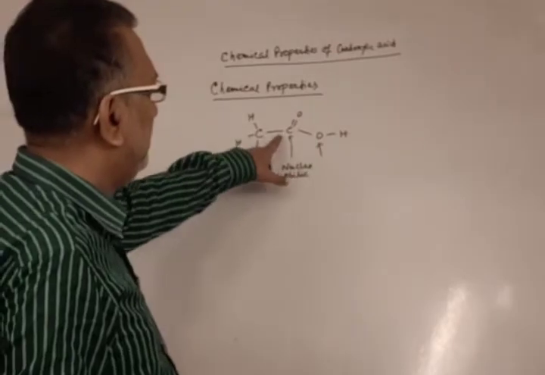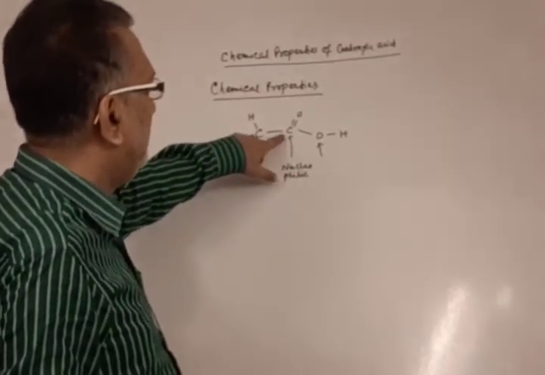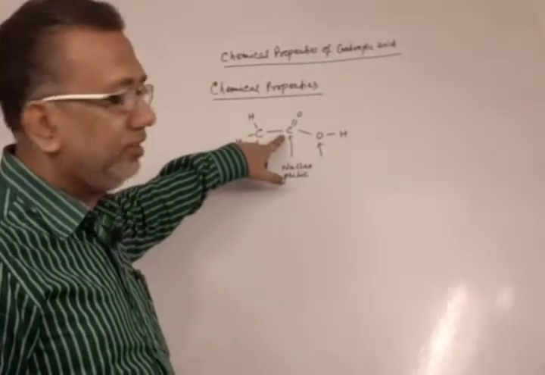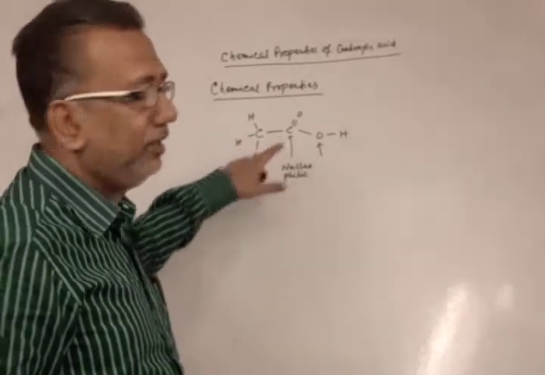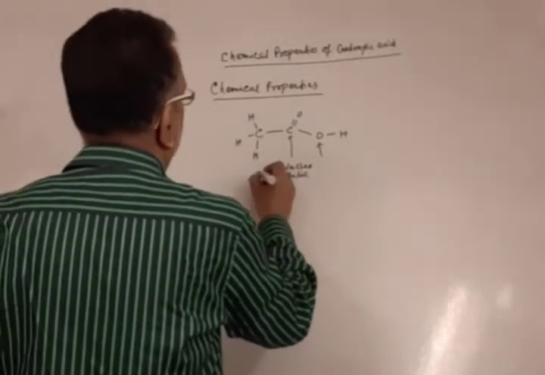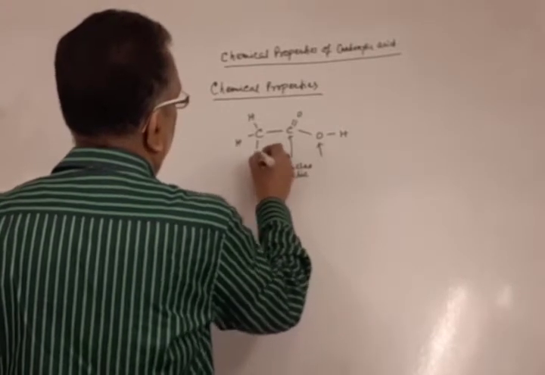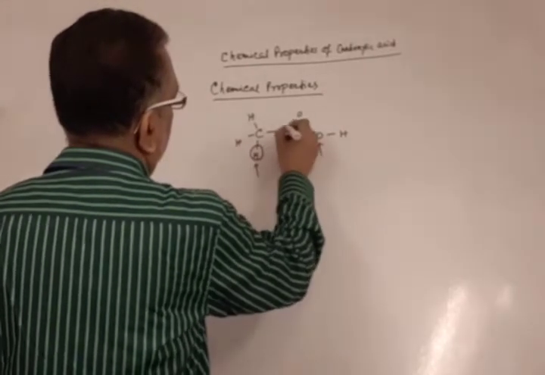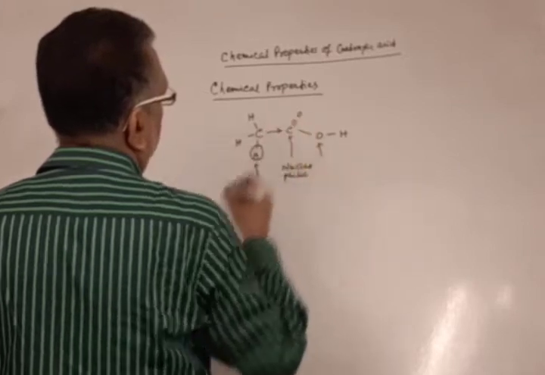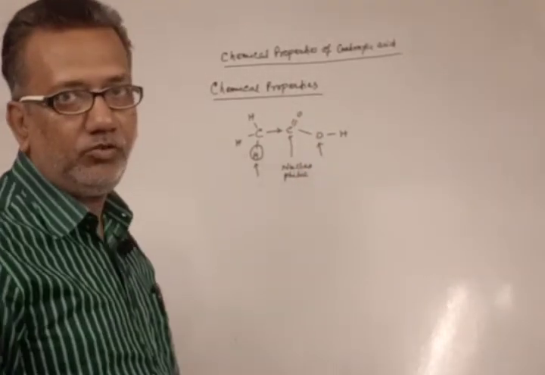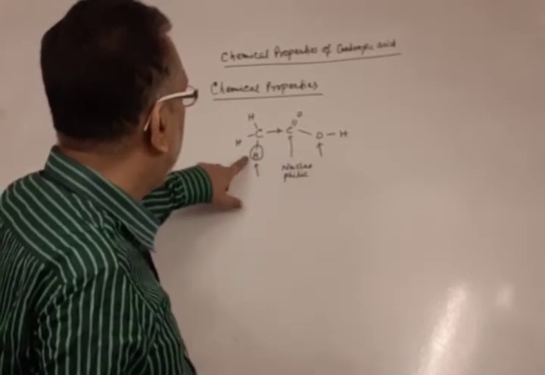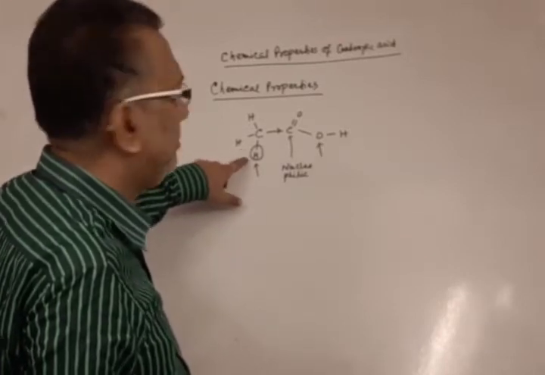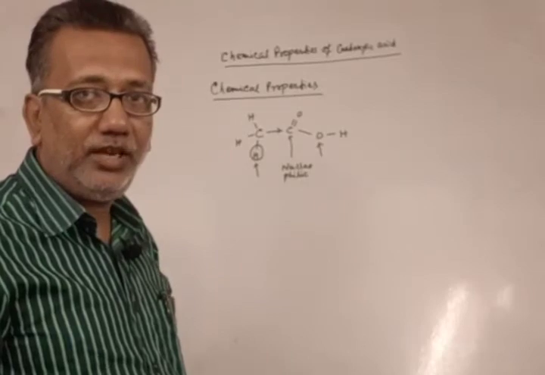This carbonyl center is an electron deficient center, so there also we can have a nucleophilic attack. And there is another attack here. This hydrogen is acidic due to the electron withdrawing effect of the COOH group, so we can remove this hydrogen by using alkali.